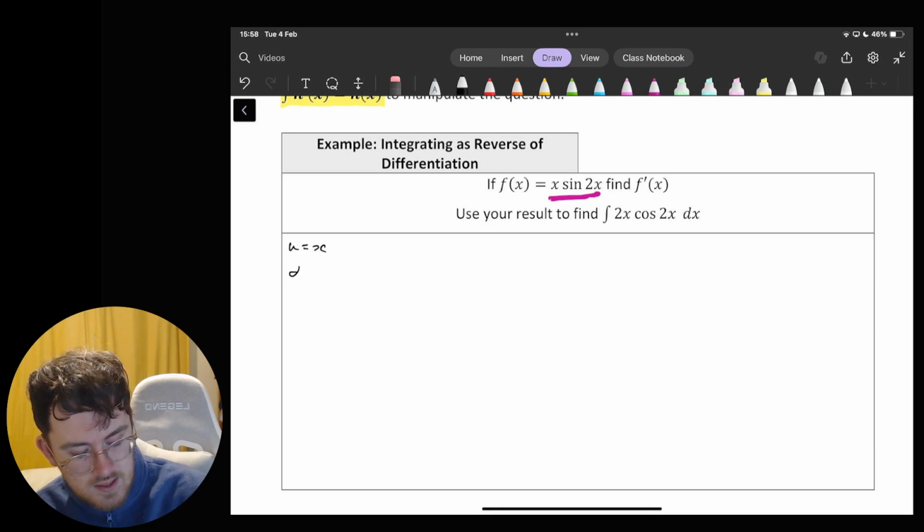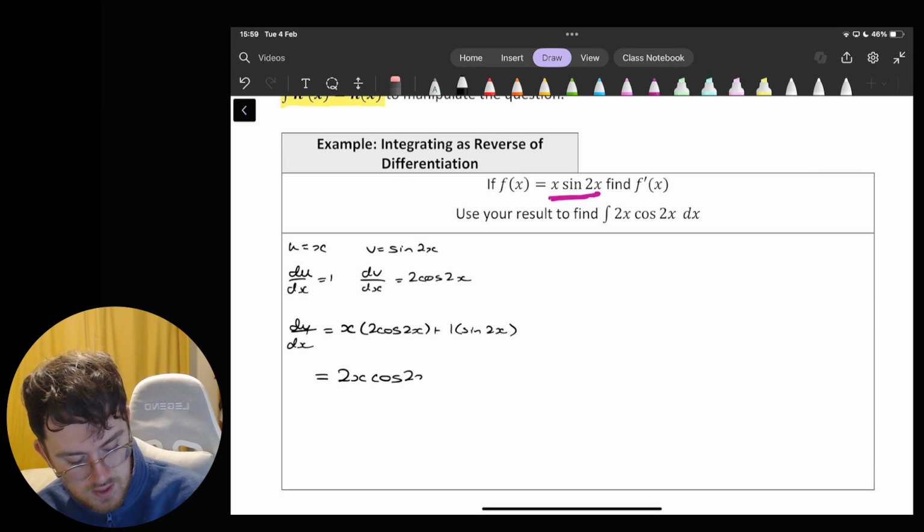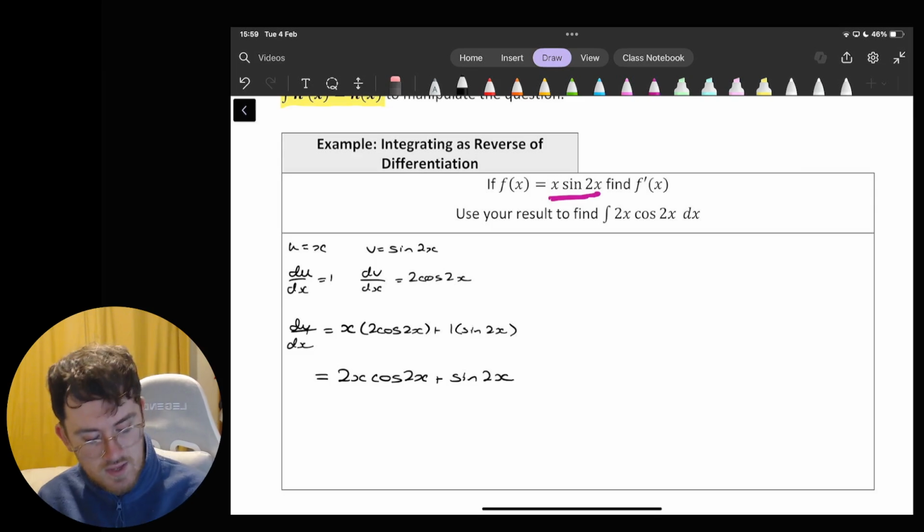So u is x, du dx is 1, v is sine 2x, dv dx is 2 cos 2x, and the overall derivative is u dv dx plus v du dx: x times 2 cos 2x plus 1 times sine 2x. So 2x cos 2x plus sine 2x. Okay, and that's my derivative, so that's f dash x here.